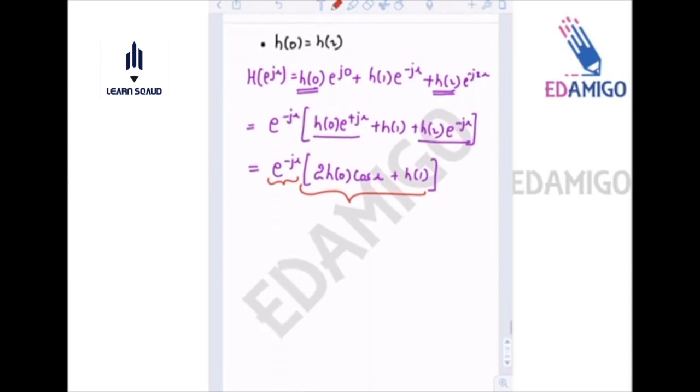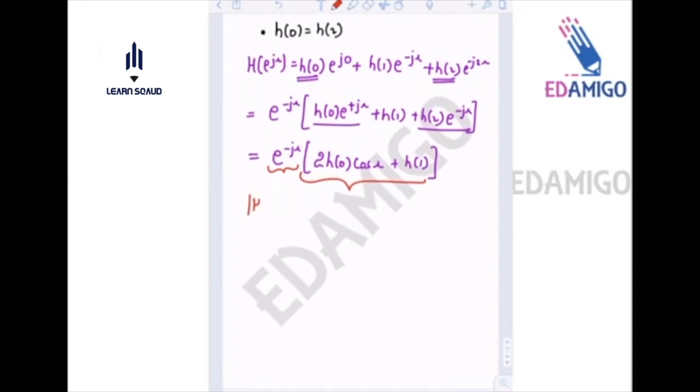So I can say that magnitude of H e to power j sigma is equal to 2H0 cos sigma plus H1, and phase is equal to minus sigma. So this we can see clearly.